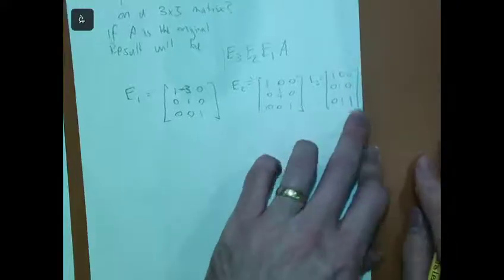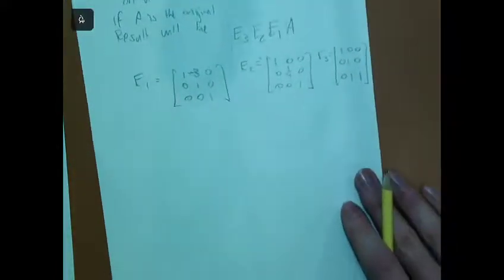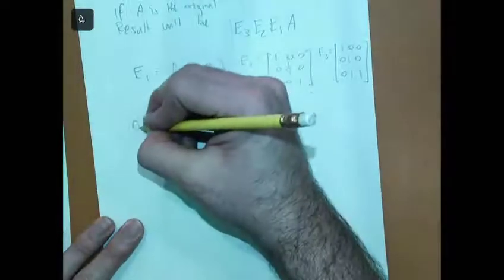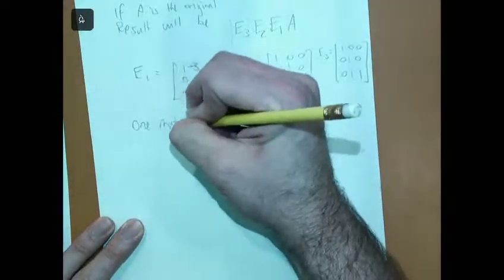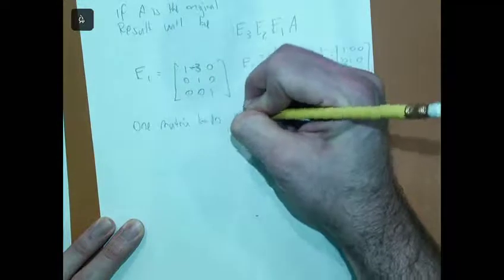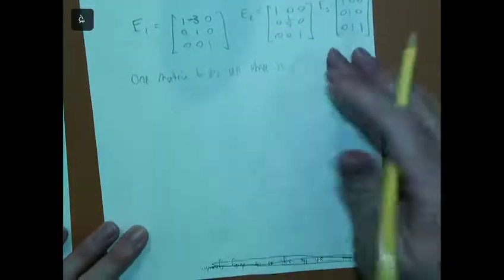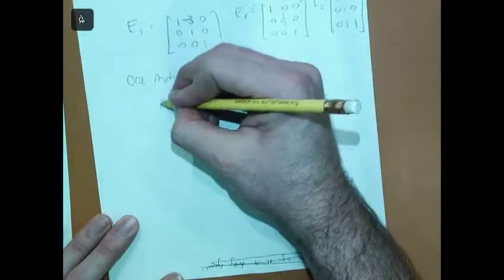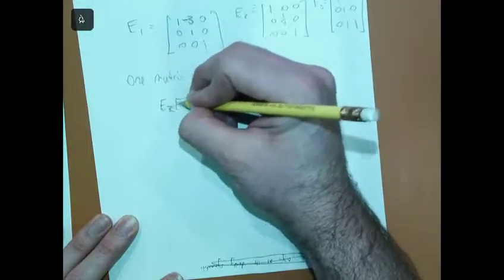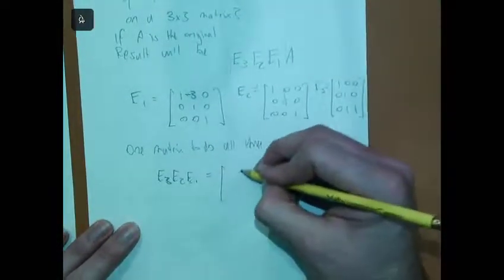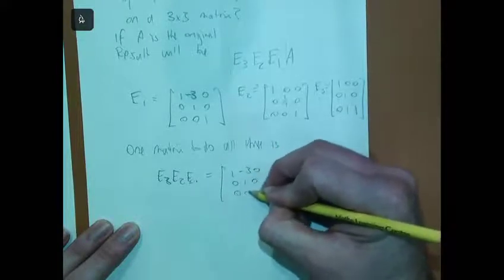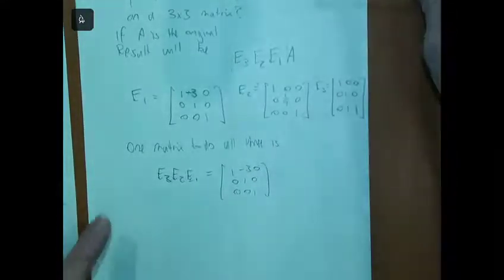Yep, one of row 2 and one of row 3. Okay, and so the one matrix to do all three is E1, E2, E3, E2, E1, because it's that number there.